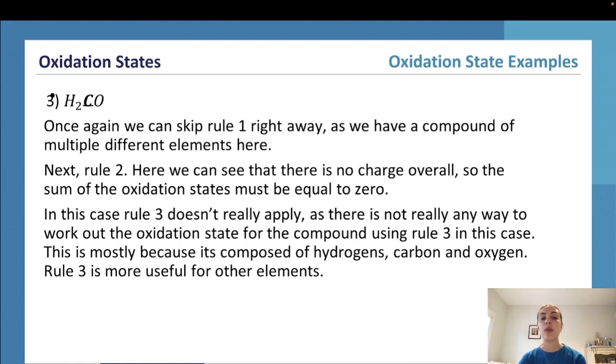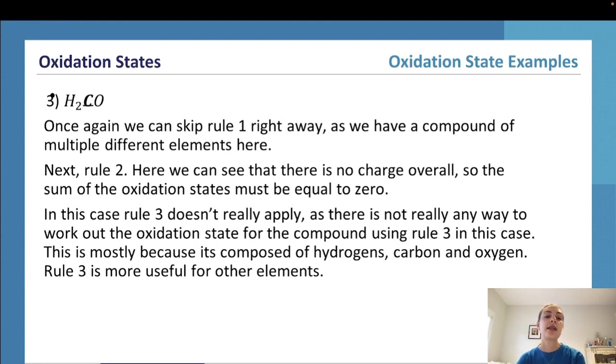So next up we've got rule number 2. And so with rule number 2, we can see that there is no charge overall, and so the sum of the oxidation states needs to be equal to 0. And so like anything which doesn't have a charge on it, the entire molecule is going to have an oxidation state of 0.